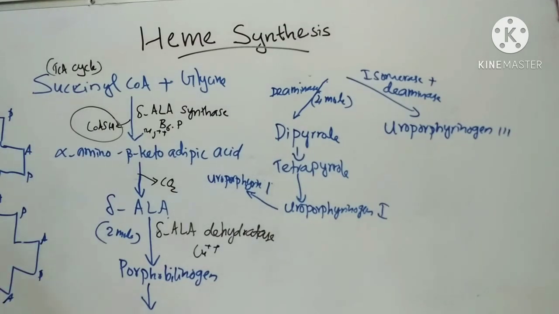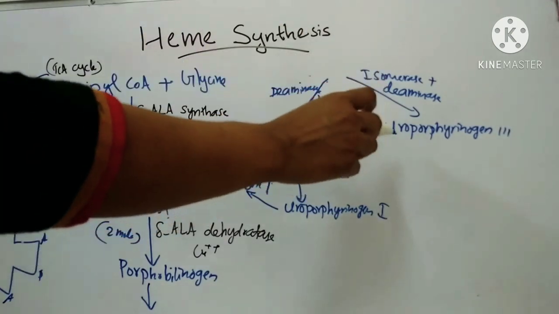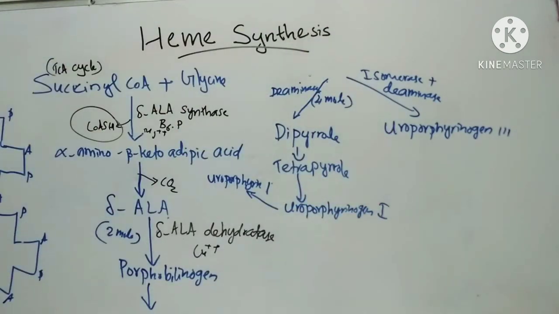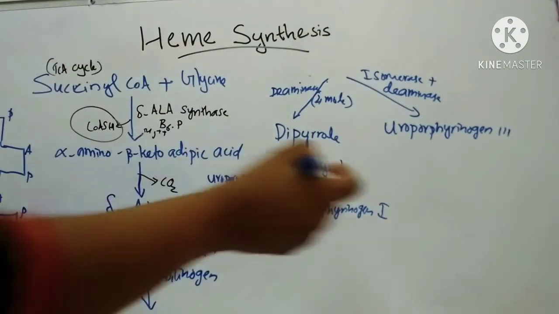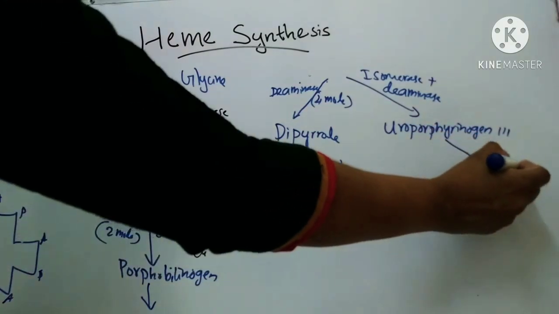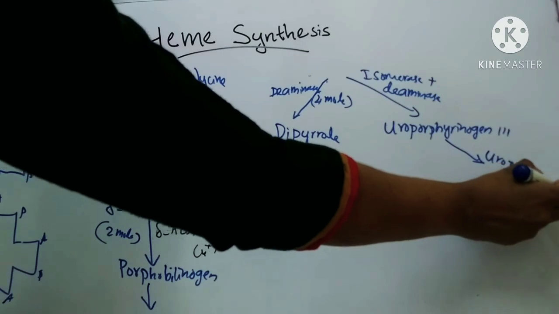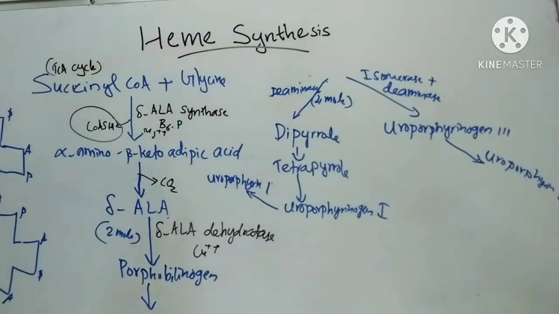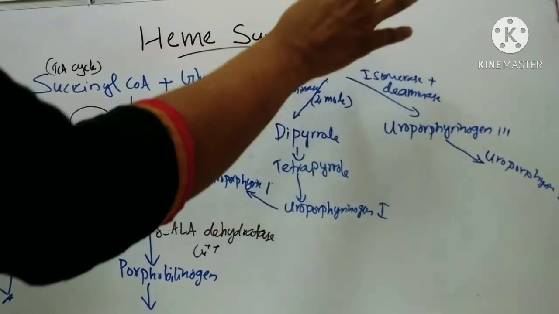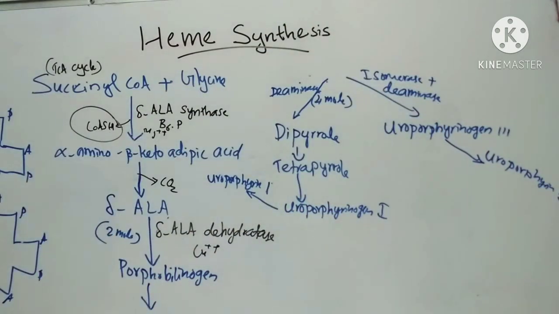Oxidation of uroporphyrinogen 3 produces uroporphyrin 3, and this is excreted in urine in normal healthy individuals. That is the formation of uroporphyrinogen 1 and 3 from porphobilinogen.